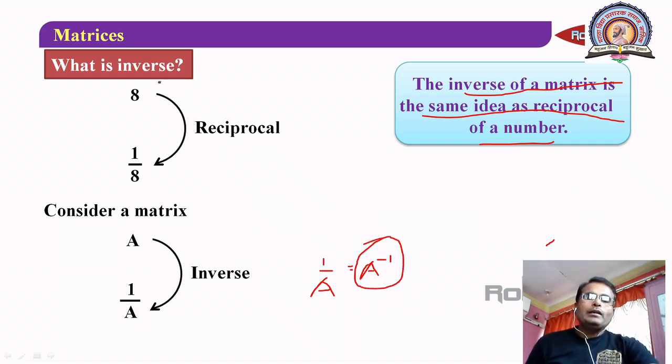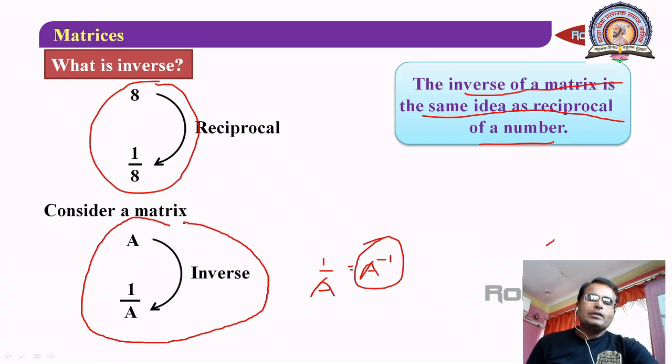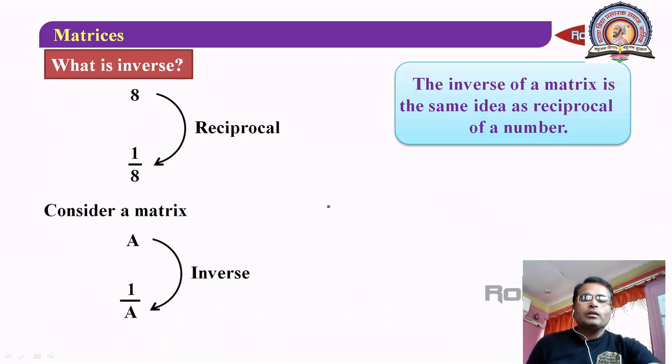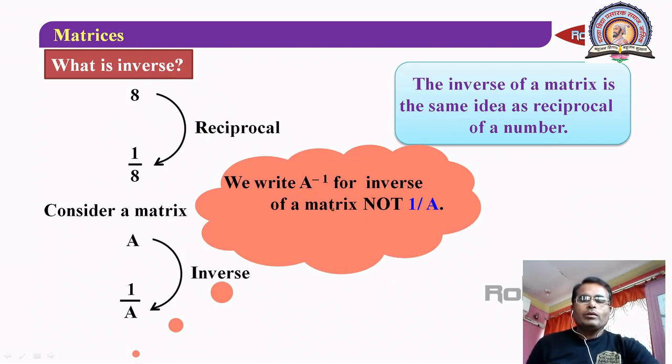So the concept of reciprocal in real numbers and the concept of inverse in matrix algebra are similar. Now see, we write A raised to minus 1 for inverse and not 1 upon A. Always remember that.